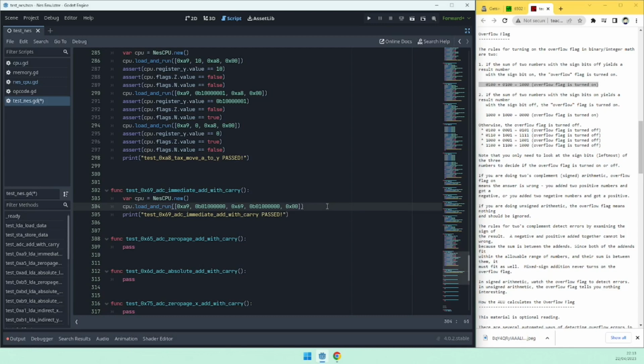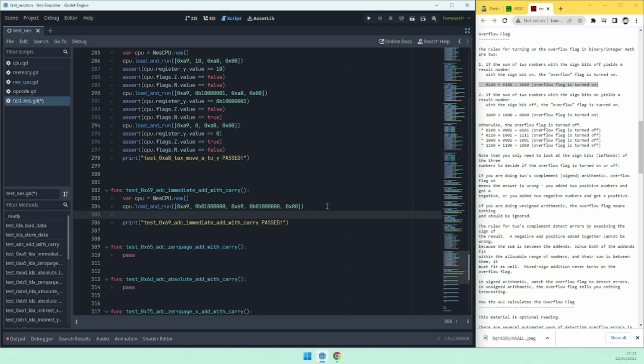So after this run, the B flag should be on.